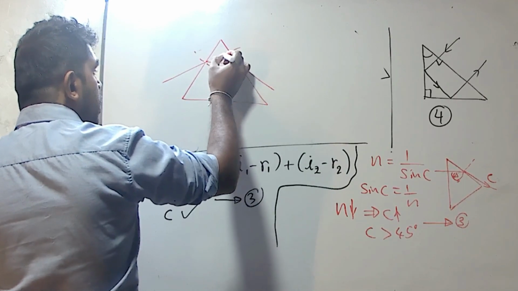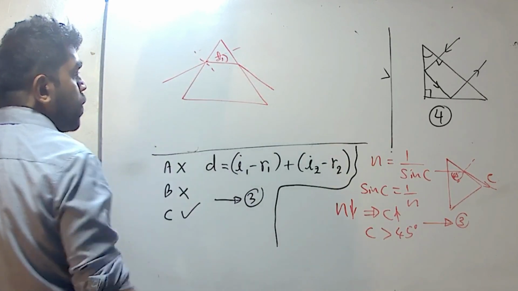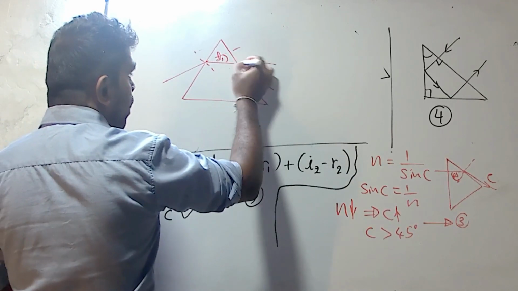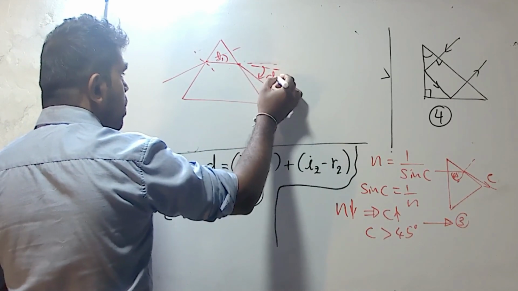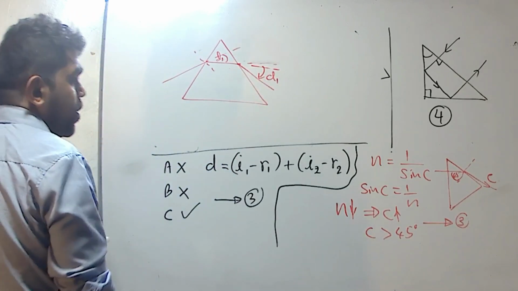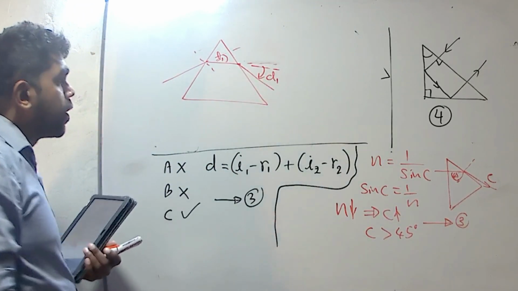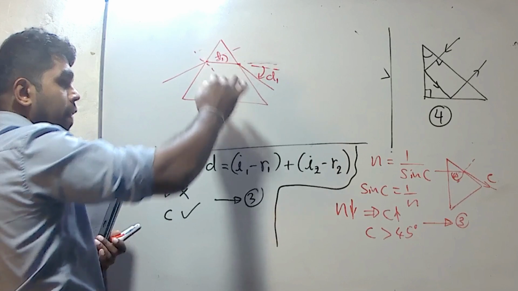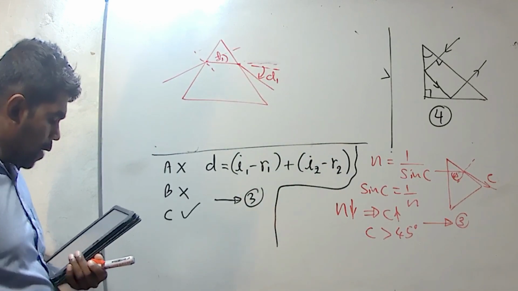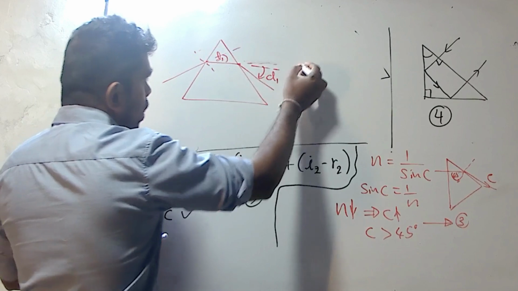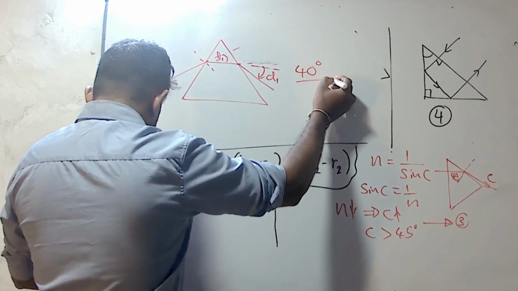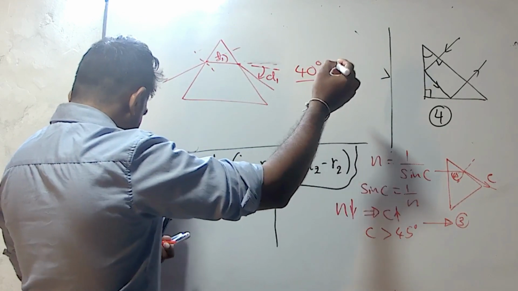There is the same deviation. They have given the deviation for the first surface is 20 degrees. Therefore, the total deviation should be 20 plus 20, 40 degrees. Then the answer is 4.